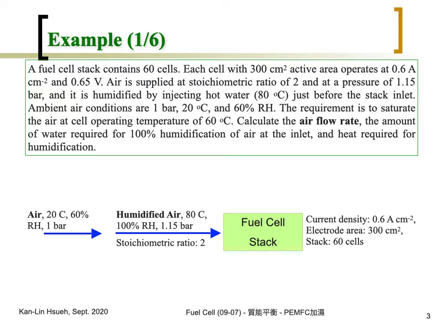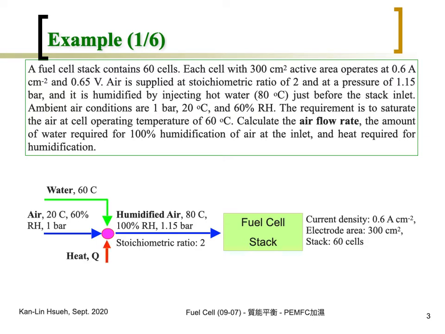So with that, we need to add water to humidify the input cold and dry air. The water temperature is 60 Celsius degrees coming in. Because the humidified air is at 80 degrees, the water is at 60 degrees, and the air is at 20 degrees, we need additional heat coming in to heat it up.